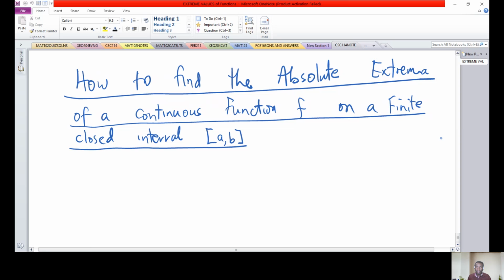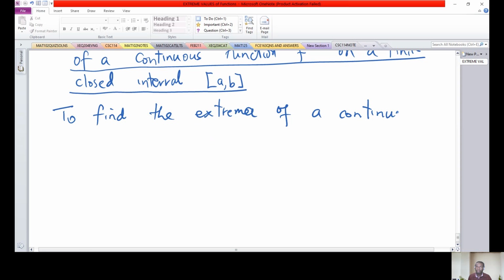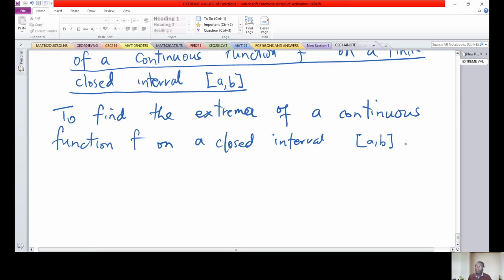We are going to give the steps on how to find the extreme values of a function. Use the following steps.